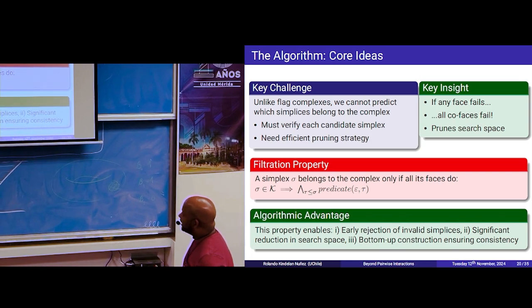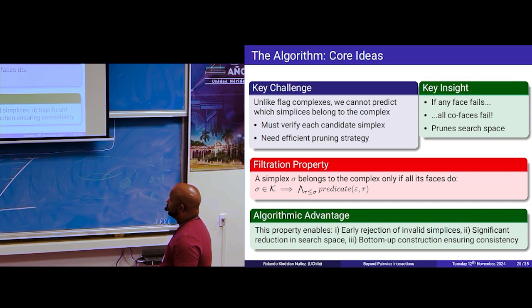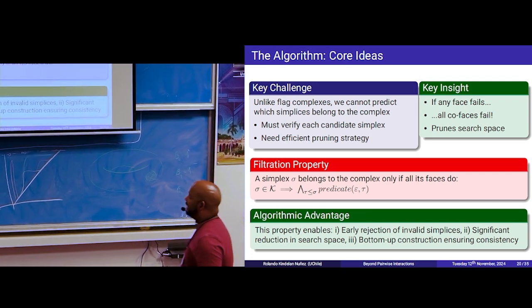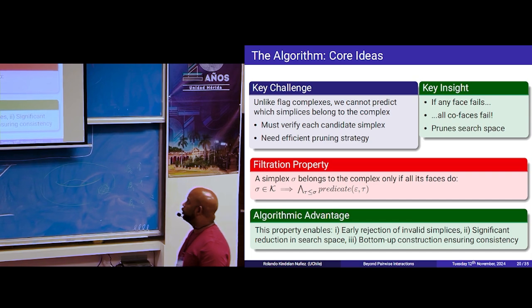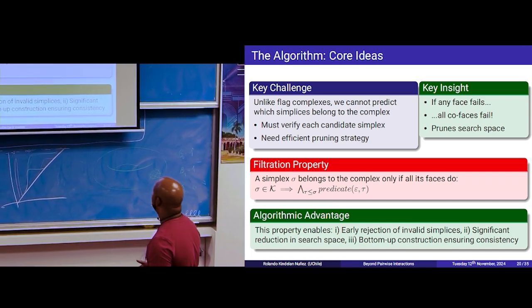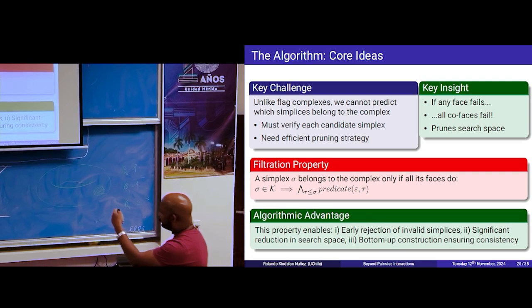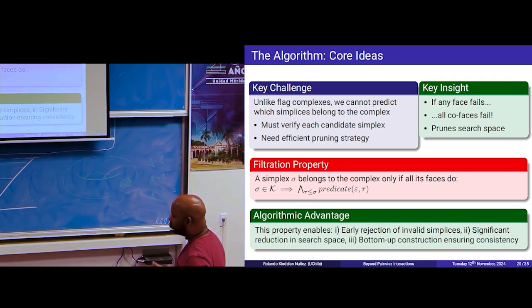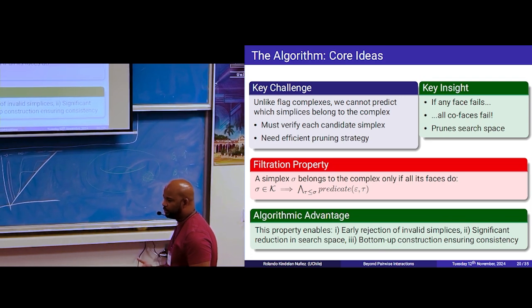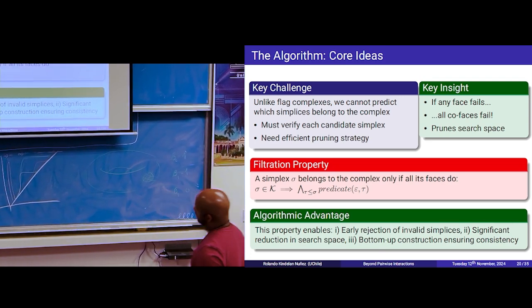So the main challenge is that we cannot predict which simplices belong to the complex. We need to verify each candidate simplex and need efficient ways of pruning the data. But what I mentioned before is that if any face fails, all its cofaces already fail, and we don't need to check them. That is a big improvement.